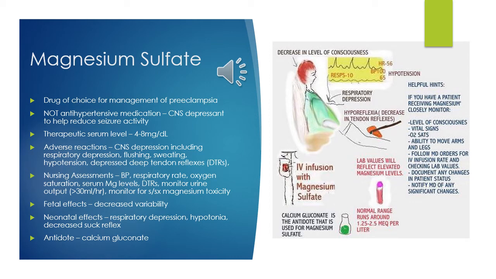Although not risk-free, magnesium sulfate has a long safety record, with fetal magnesium levels being nearly identical with maternal levels. Therefore, it is important to monitor serum maternal magnesium levels to ensure therapeutic levels are reached. Most adverse reactions are associated with higher serum levels.